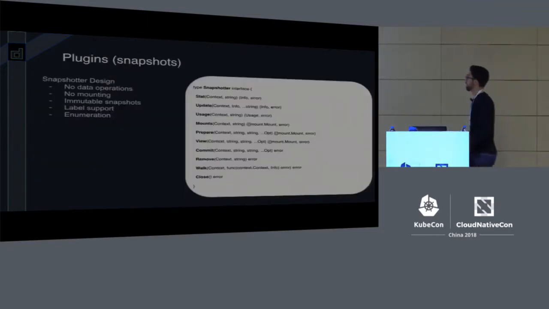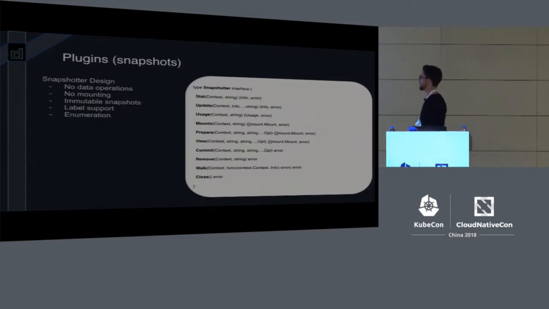The snapshotter is a fairly simple interface. If you're familiar with the graph drivers in Docker, there are a lot more operations you'd expect, whereas for the snapshotter there are no data operations and no mounting operations.